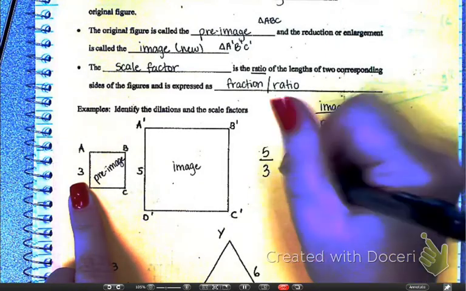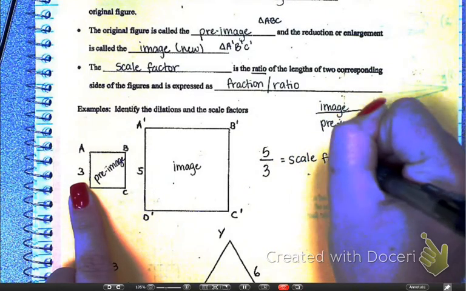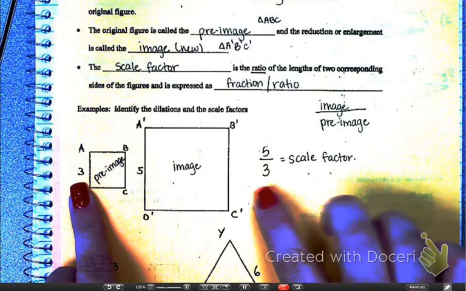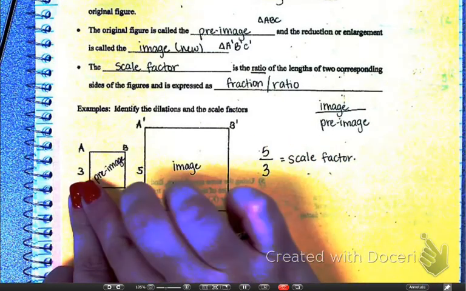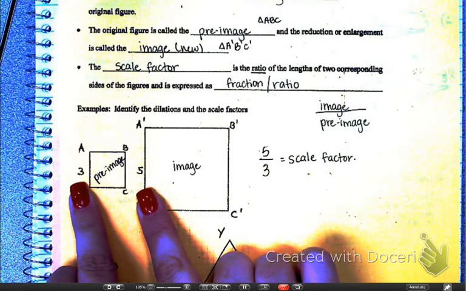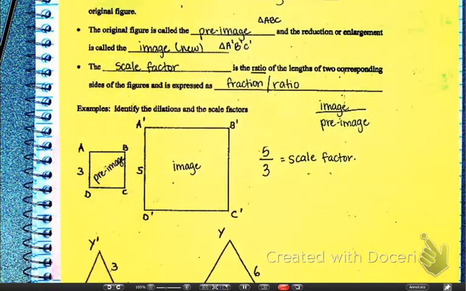This is my scale factor. I multiplied this ratio by 3 to give me 5. Okay. So we can either blow something up and make it larger or make it smaller and have a reduction.